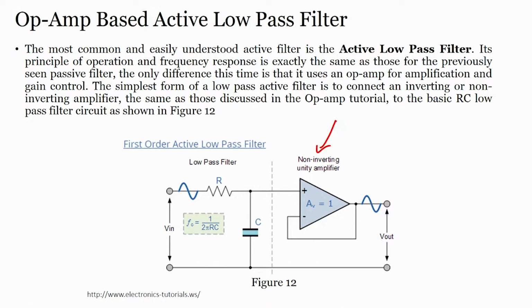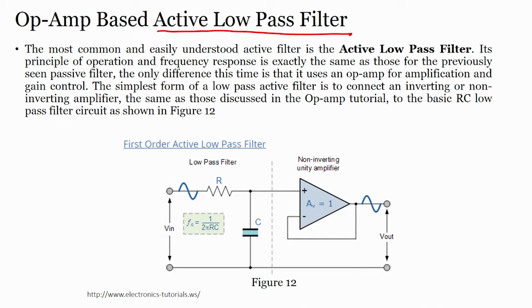We have seen the unity gain amplifier in the previous modules, and we could see it is super easy to operate, right, and a very important component when we are understanding the loading effect, right. If you remember, we have used the unity gain amplifier or buffer for removing the loading effect, correct. Okay. So, if I connect the R and C with my op amp, which is a unity gain amplifier, then it becomes my active low pass filter, alright.